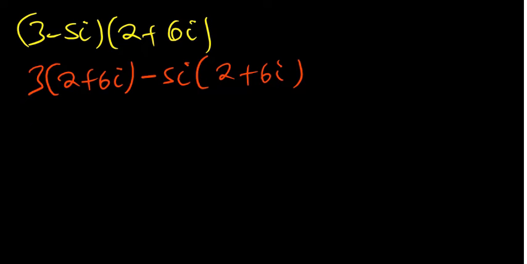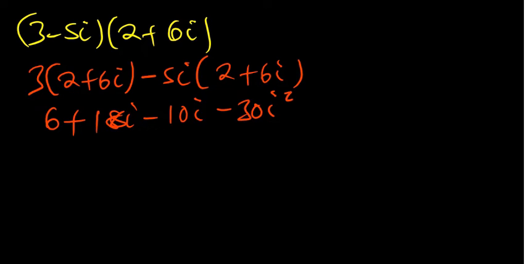So I'm going to say that 3 times 2 is going to be 6, plus 3 times 6 is going to be 18i, then minus, this is going to give me 10i, then this is going to give me minus 30i squared.